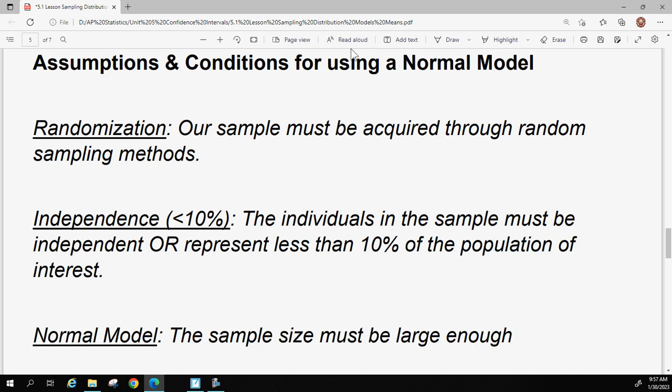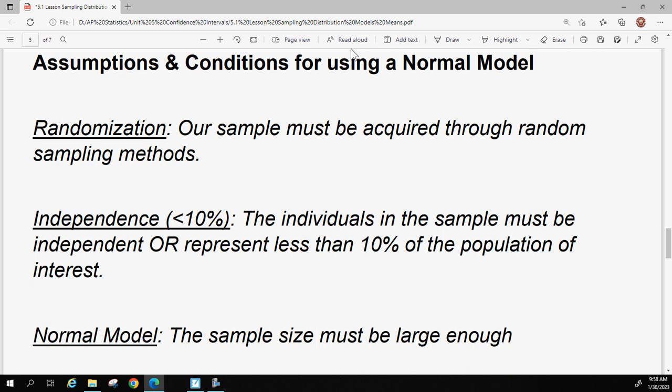We also need the individuals in our sample to be independent from each other. And we talked about this idea a little bit, that sometimes independence doesn't exist. So if I were to select a cereal box off a shelf and buy it, and I'm looking for the prize inside, technically I've reduced the number of cereal boxes on the shelves, and therefore I've reduced the probability of getting that prize.